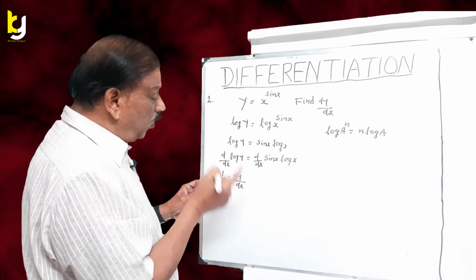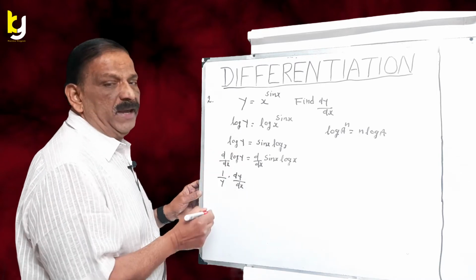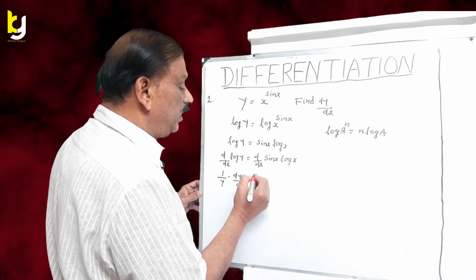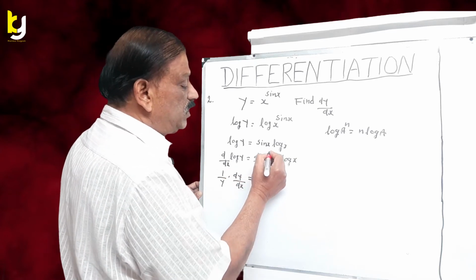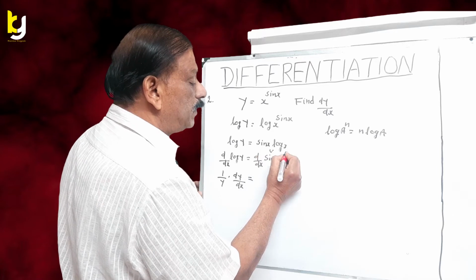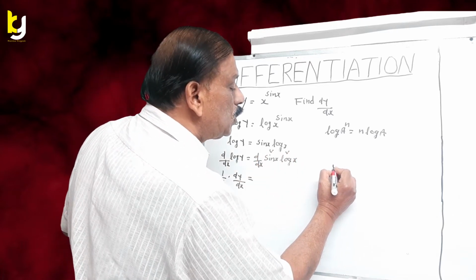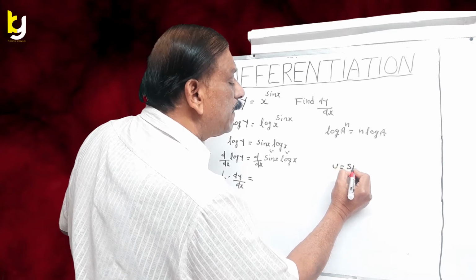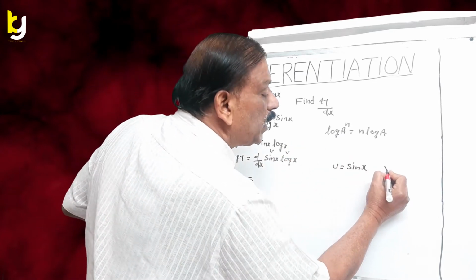So d by dx of log y equal to 1 by y into dy by dx. That is equal to d by dx of sin x log x. We know this is in the form of uv, so we apply the product rule of differentiation. That is u is equal to sin x, v is equal to log x.